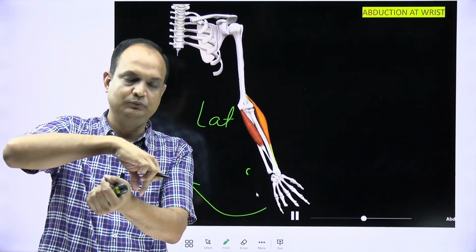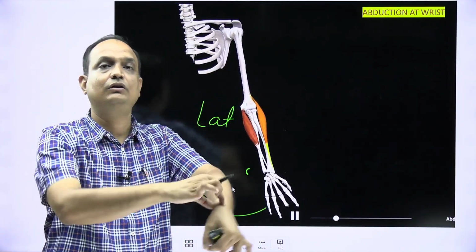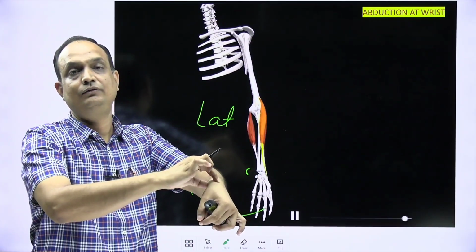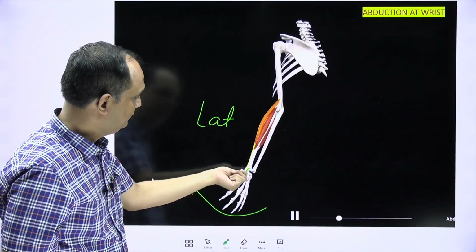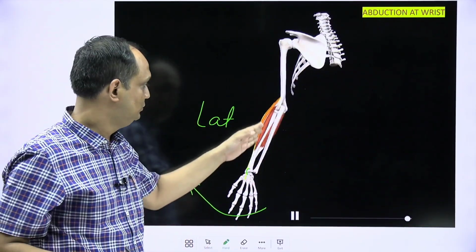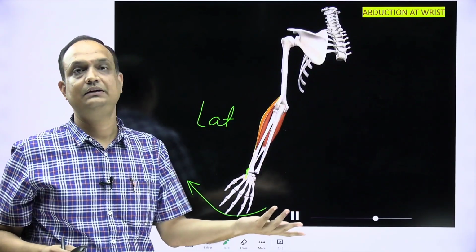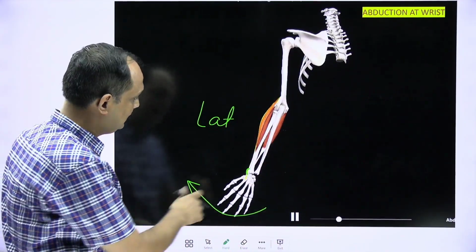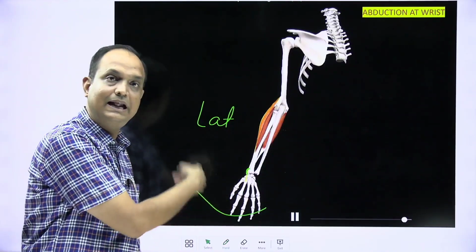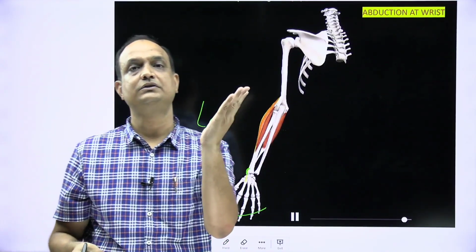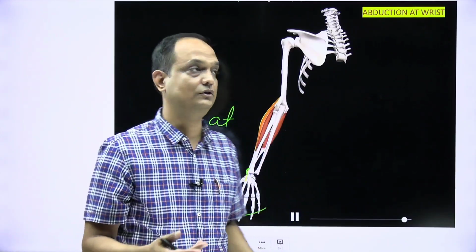So the muscles on the lateral side of the wrist joint act as a single unit. From the posterior side, these two long muscles, and from the anterior side, the flexor carpi ulnaris, all contract simultaneously and take the wrist to the lateral aspect, which is known as abduction or lateral deviation of the wrist joint.